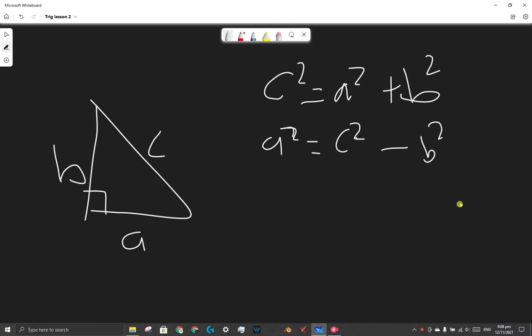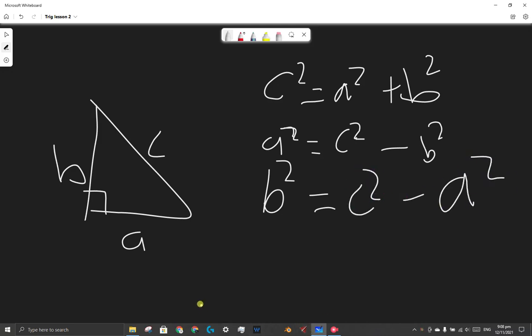In this situation, you'd end up with a positive number. But if you were to inverse it, b squared minus c squared, then you'd get a negative number. Likewise, we can also calculate b squared, which is c squared minus a squared.